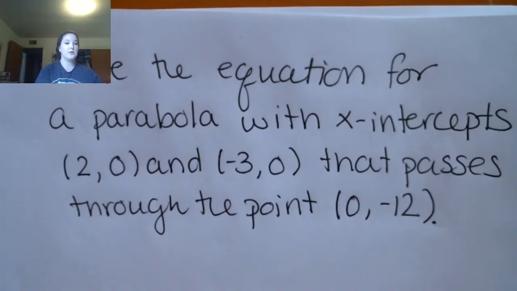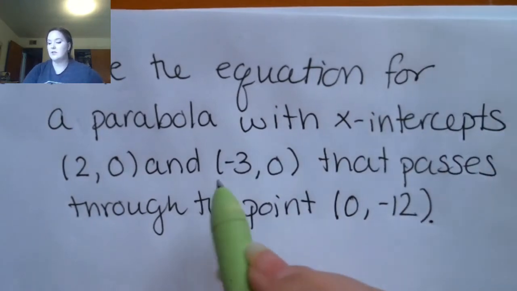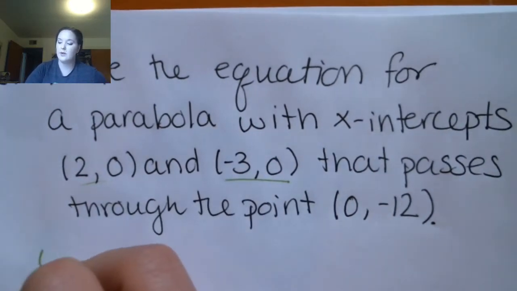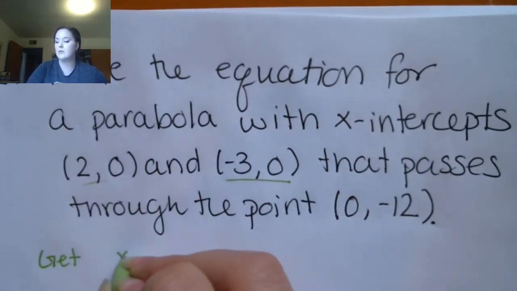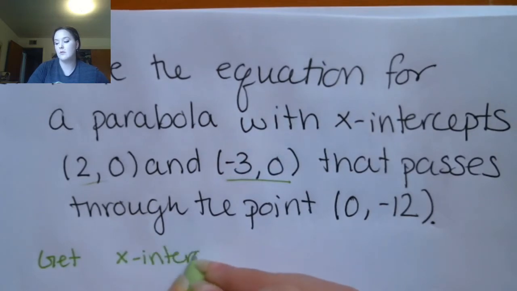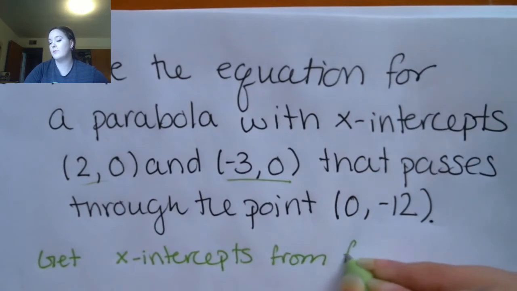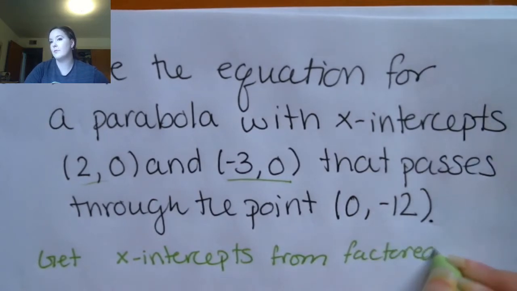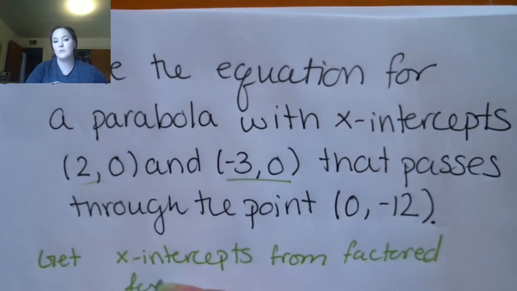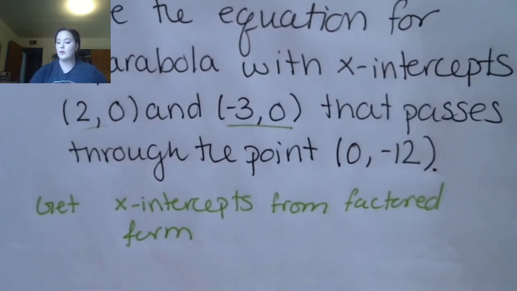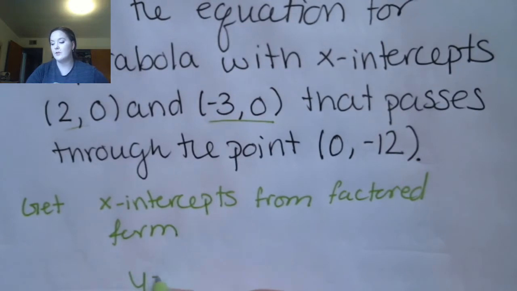Because we have the x-intercepts, remember how you get the x-intercepts? You get the x-intercepts from the factored form. So we're going to look at the factored form, which looks like this.